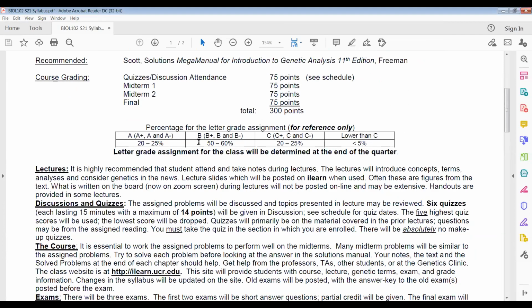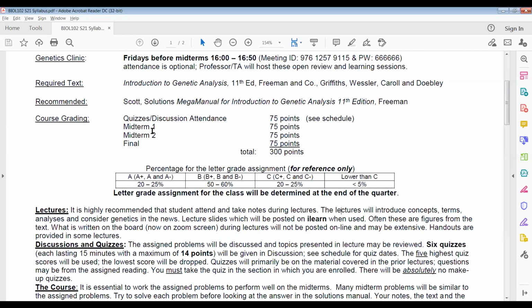So on the first page of the syllabus, as you can see, this is the breakdown, the percentage of the letter grade assignment. So this is just a guideline. At the end of this quarter, the letter grade assignment will be determined at that time based on your points. Okay, so this is how we break down your grade here.